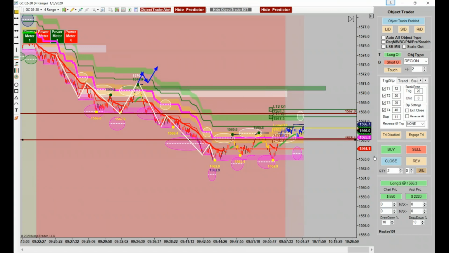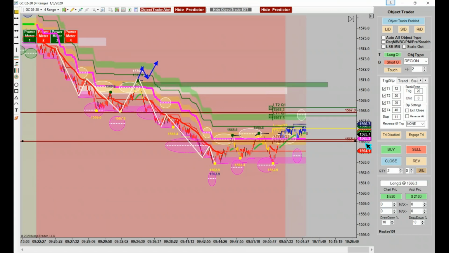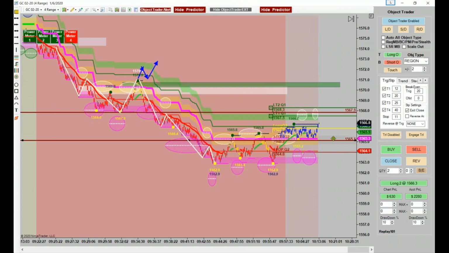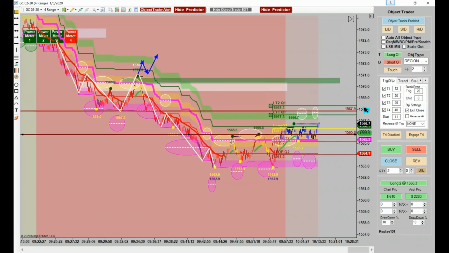We're just in 2. Because it did do what we said. And I'm going to put exit on close. You going to take us? We'll find out. Nope, not yet. There, we're good. I'm going to tighten my stop because that was a risky trade.